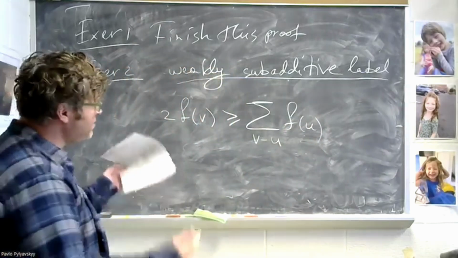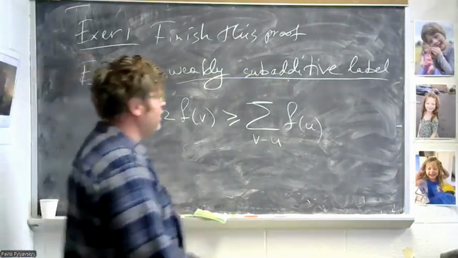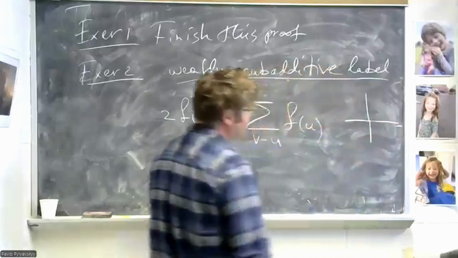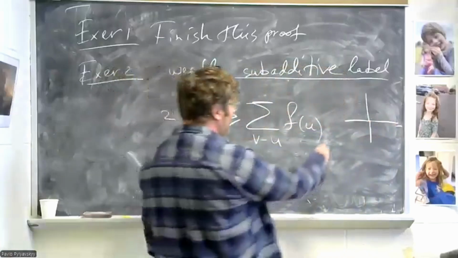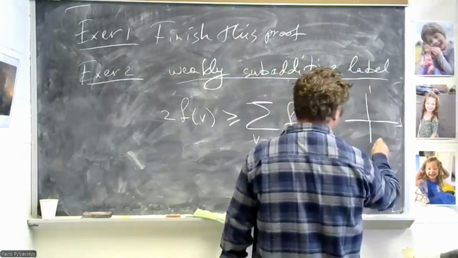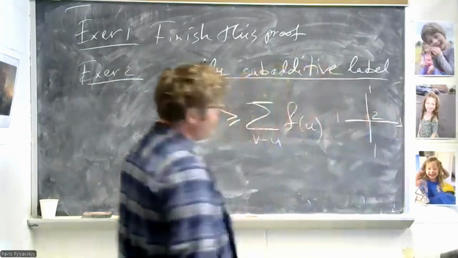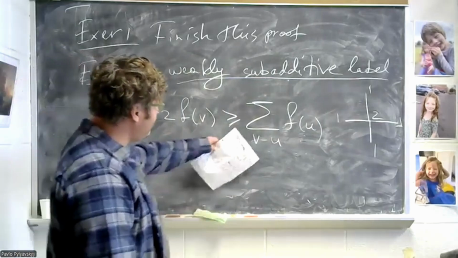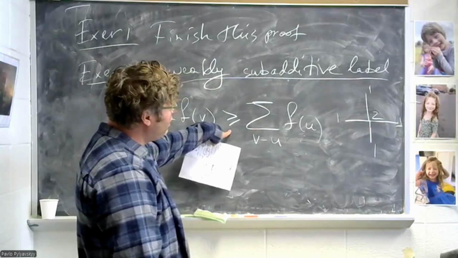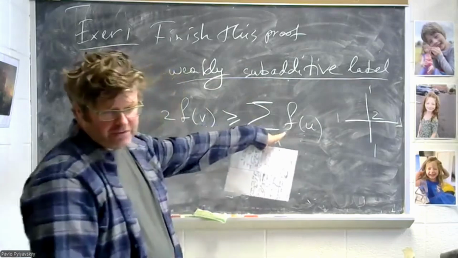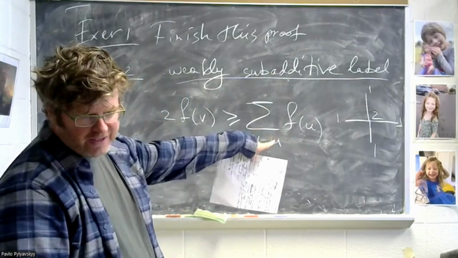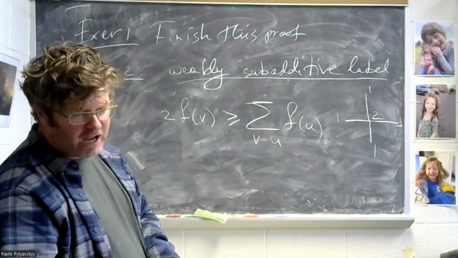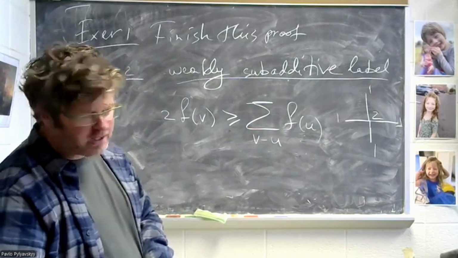It seems like there isn't much difference, you could say, so what? But for example, remember this guy didn't have a subadditive labeling. Well, guess what? He does have a weakly subadditive labeling. So if you allow yourself equality here, you allow yourself more graphs. And those graphs will be important for us. They will not be Zamolodchikov periodic, but they will be something else. I will tell you what they are in one of the next lectures.